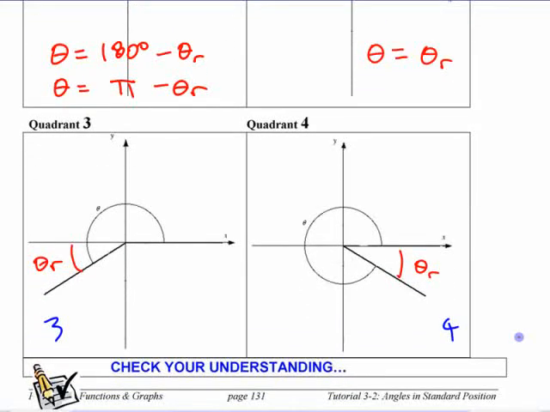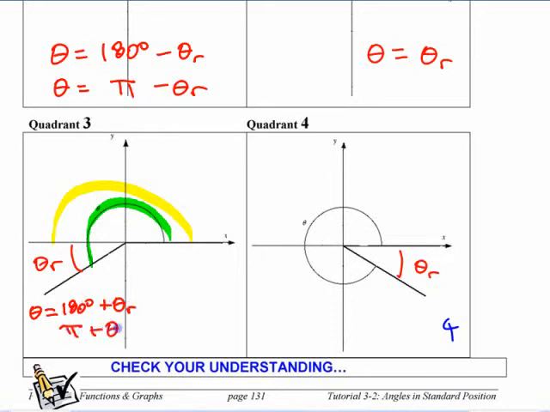In quadrant 3, to get the relationship, theta is halfway around plus the reference angle in that case, right? 180 plus theta r, or pi plus theta r.